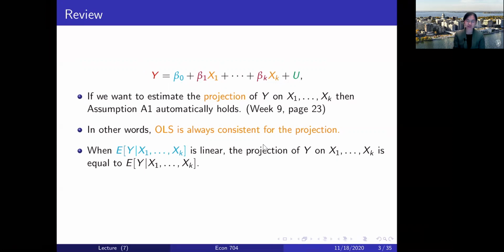But OLS is always consistent for the projection. In the case that the conditional mean of y given x1 to xk is linear, the projection of y on x1 to xk is equal to the conditional mean of y given x1 to xk. In that case, the OLS is clearly also consistent for the conditional mean because the conditional mean is the same as the projection when the conditional mean is linear.